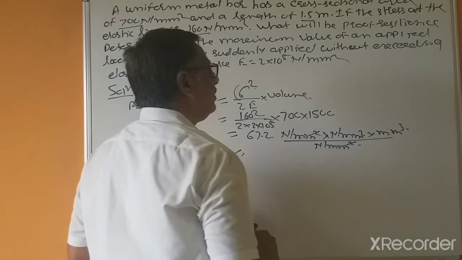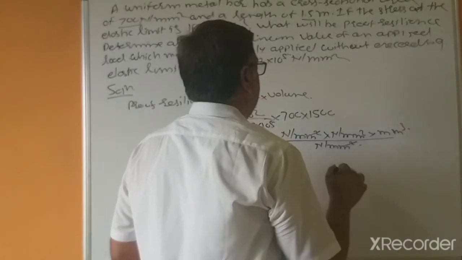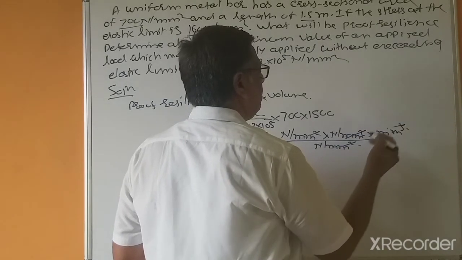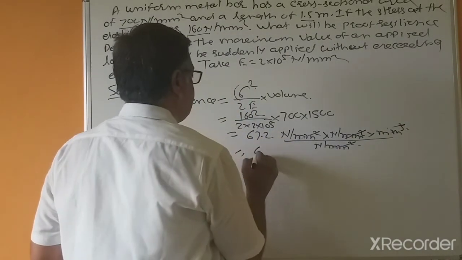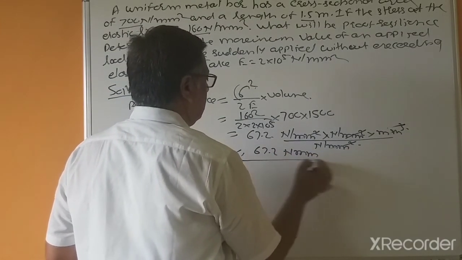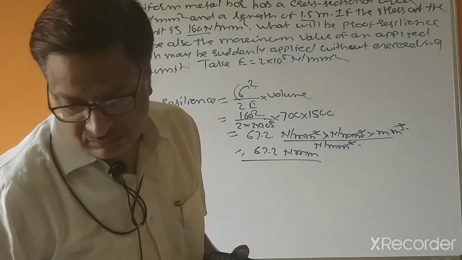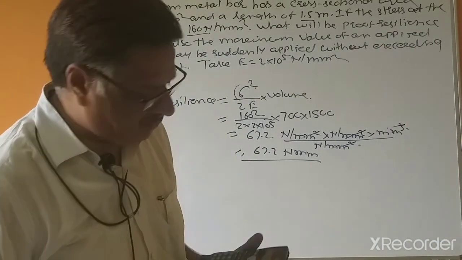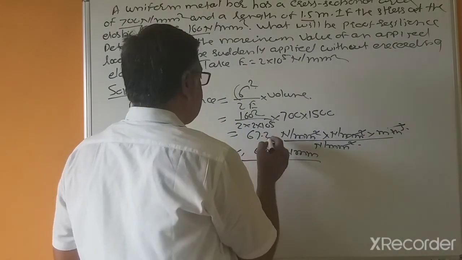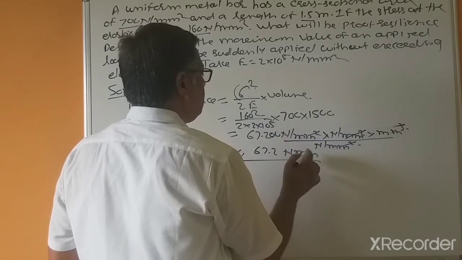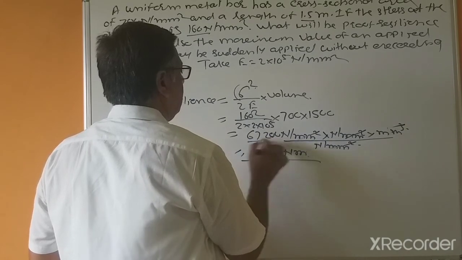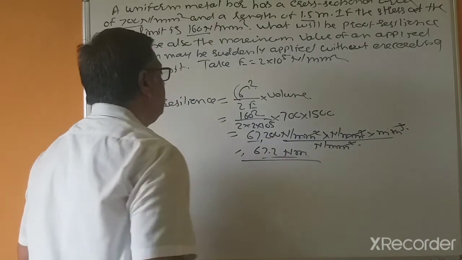Volume is mm cubed, and the mm squared gets cancelled, so the unit is Newton mm. Sorry, so this is 67.2 Newton meter.